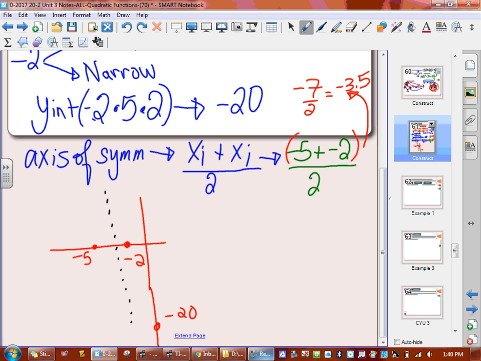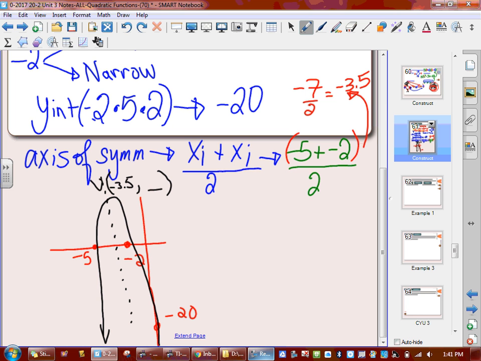That's our axis of symmetry. It's part of our vertex. -3.5 comma something is our vertex. Okay? So right now I know my graph comes up, changes direction, and does this. Okay, hopefully you draw better than I do. That was terrible. Okay, let's try that again. It's going to go up, peak up here, and then come back down. Something like that. Okay? So we know this much about our graph. All we've got to do now is find our maximum point.